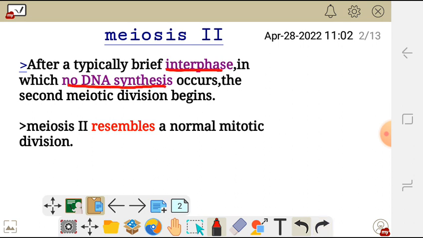Then the second meiotic division begins, and meiosis 2 resembles the normal mitotic division. All the stages which take place in mitotic division are similar to meiosis 2.